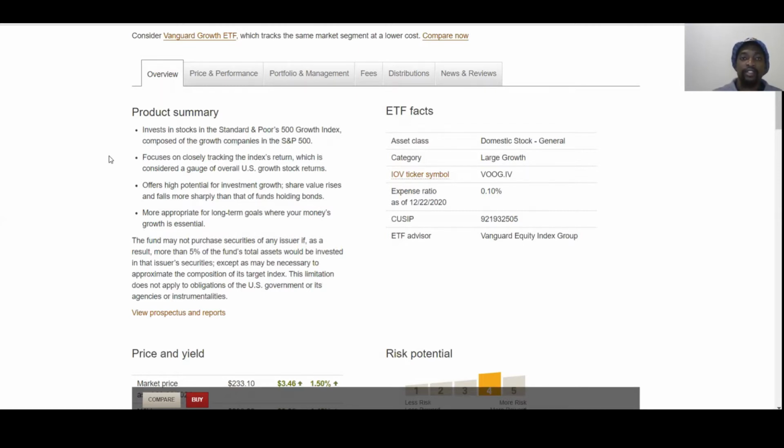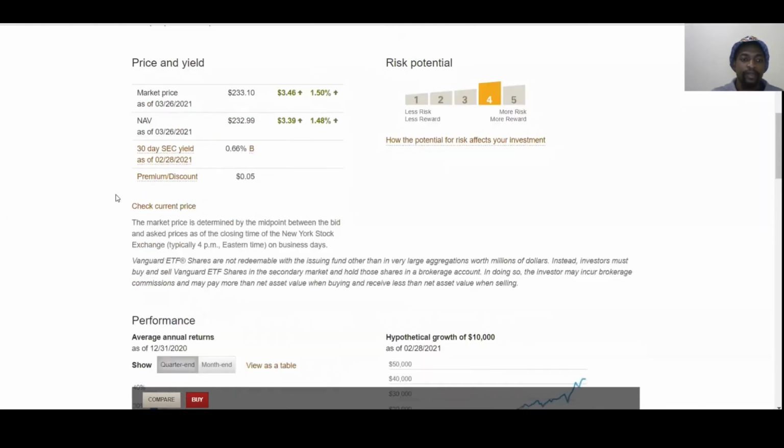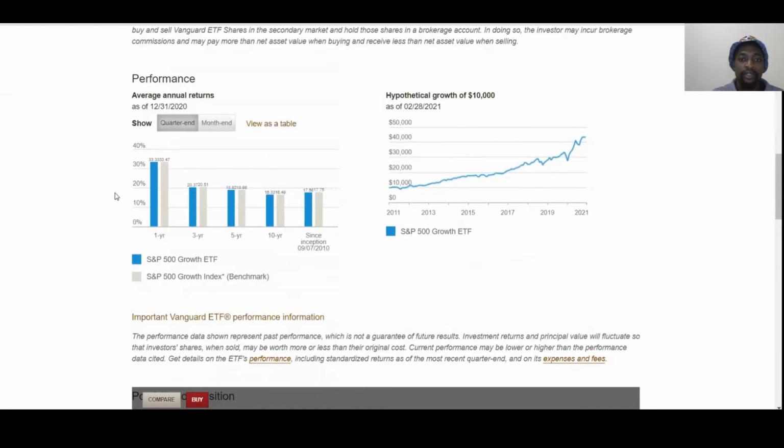It has survivorship bias, meaning that in the long run, you are more likely to make money than to lose money. So this only focuses on the overall US growth stock returns, and it offers high potential investment for growth. It also has a bit of some value shares. But what I want to talk about is the fees.